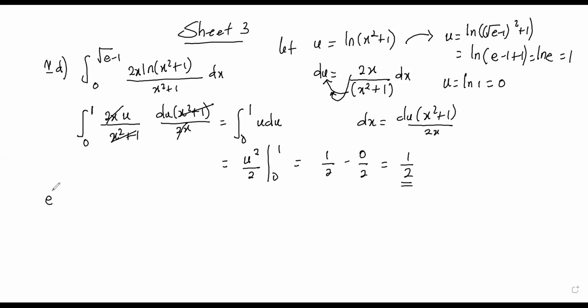Let's go to E. I think we picked E, yeah. What is E? E is the root of the x over the root of e to x minus 1.